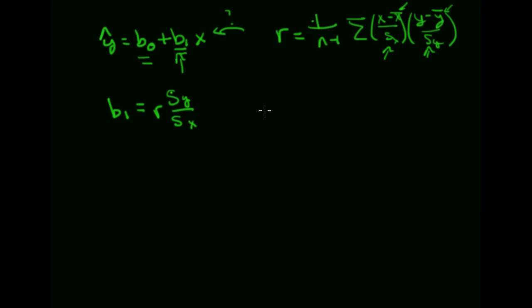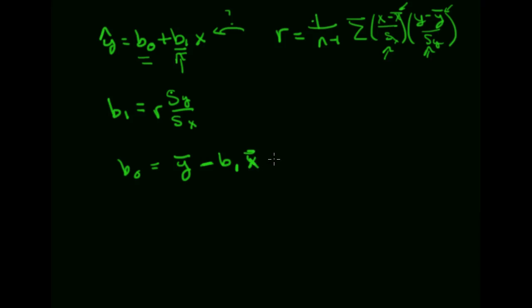And then the other one that I can get is b sub 0. The b sub 0 just says take the mean of the y values, subtract the b1 that I just calculated, and multiply that by the mean of the x values.